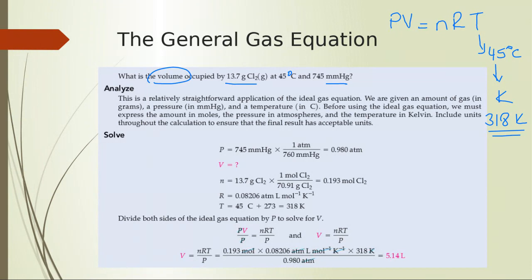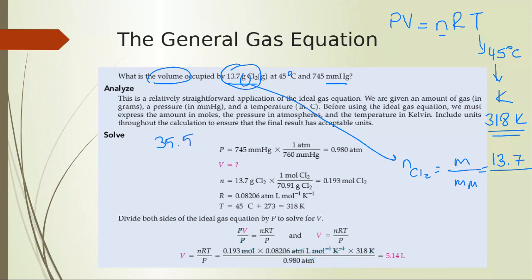And what else? This is gram of chlorine gas, but we need the mole. You have to convert that. This is n of chlorine, mass divided by molecular mass. You know that this is 13.7 divided by, what's that? Actually, one chlorine atomic mass is 35.5.